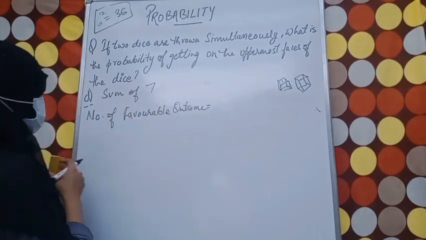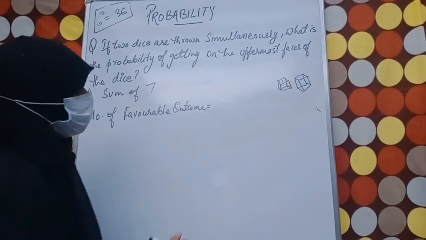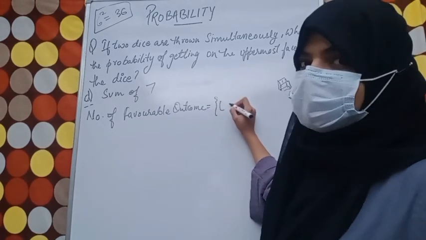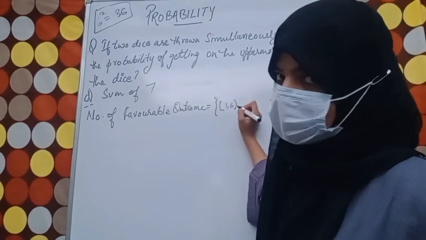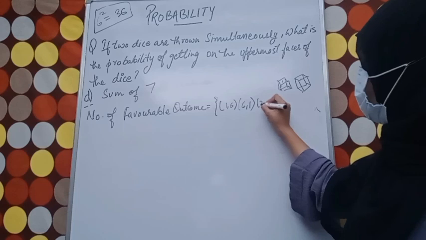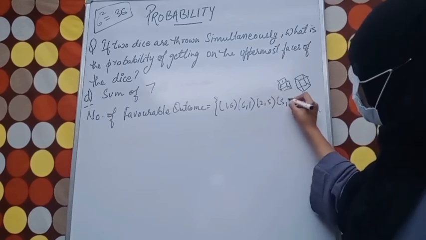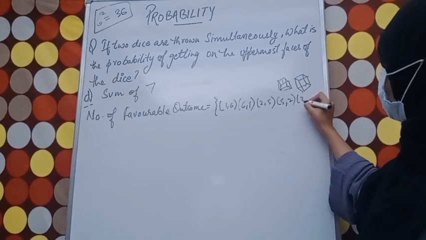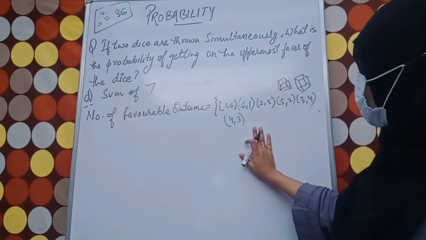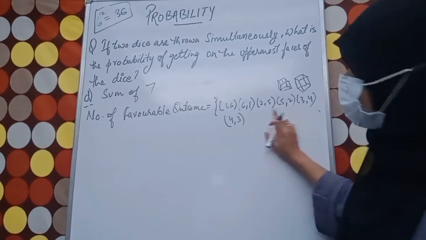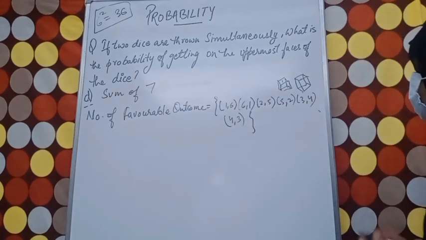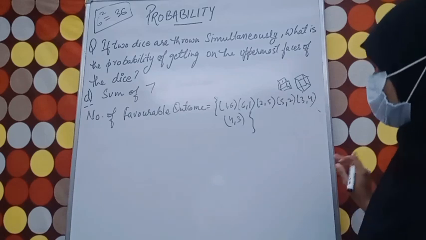So number of favorable outcomes, how many will come? 1 6 will form a 7. 6 1, fine. 2 5, 5 2, 3 4, 4 3 will form a 7. I think 1 2 3 4 5 6 are coming over here. I think this is the maximum.